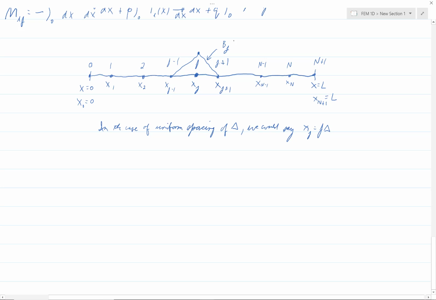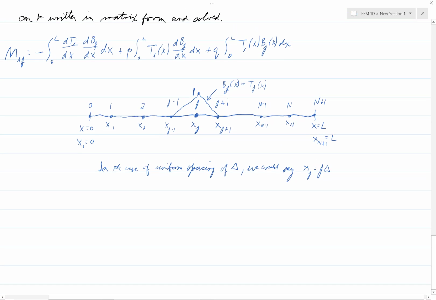And here I'll just put 1 to designate that the height of the function is 1, and since we are using the Galerkin testing, this is also what tj of x looks like.